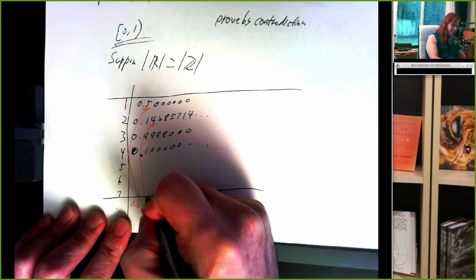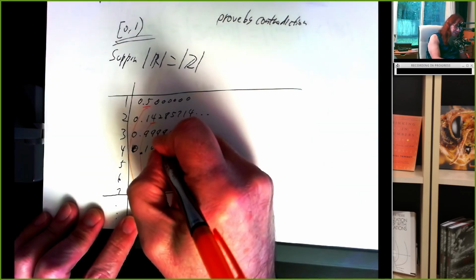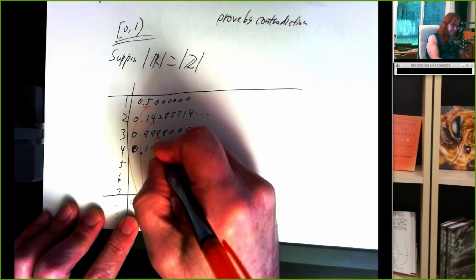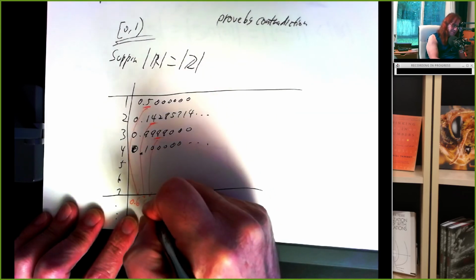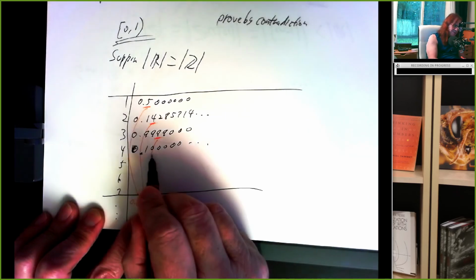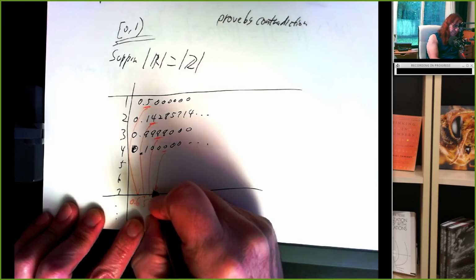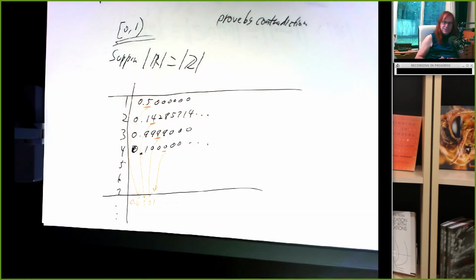So this will be a 5. The third digit will be the third digit of the number corresponding to 3 plus 1. 9 plus 1, well, that's just going to wrap around to 0. The fourth digit will be the fourth digit of the number corresponding to 4 plus 1. And so on.